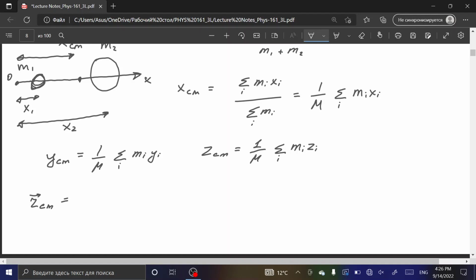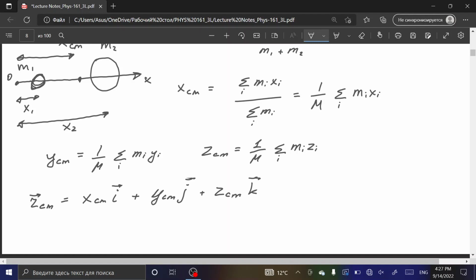So we have the position along axis x as x center of mass times i unit vector, plus y center of mass times j unit vector, and plus z center of mass times k unit vector. So this is the general case of finding the position of the center of mass for a system of many bodies.